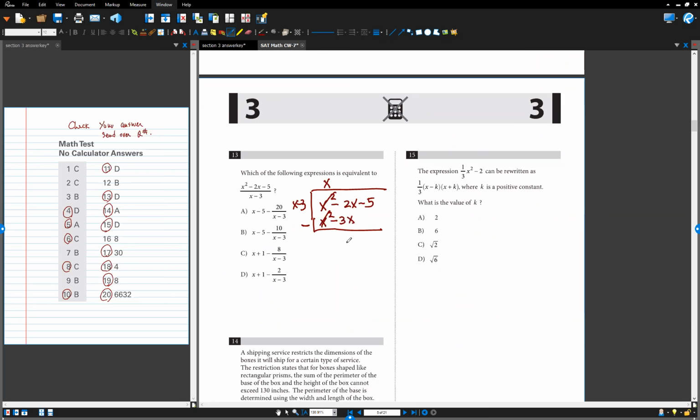Minus 2x plus 3x is just positive x minus 5, which is still linear, so keep going. You can still divide. Plus 1 over here, times x minus 3. Subtract again, this is cancelled out. -5 minus 3 is -2, isn't it? That is the remainder, right? No more. This is degree 1, this is degree 0. That's the remainder.